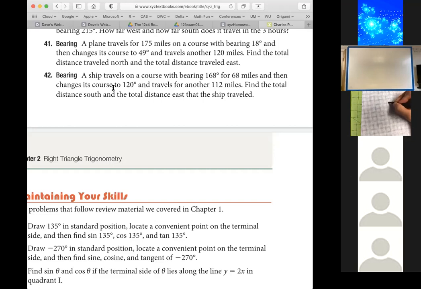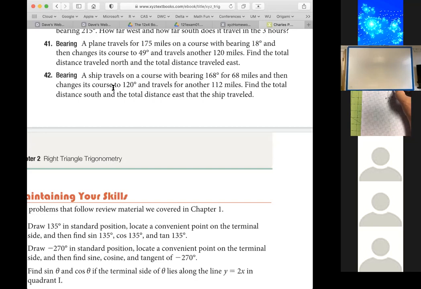And I'll just casually draw something, and I don't know if it's exactly 18 degrees, but I'll pretend that that's 18 degrees. And the distance to travel is 175 miles. I'll add the word miles at the end. Let me get the other piece. It changes its course to bearing 49 degrees.